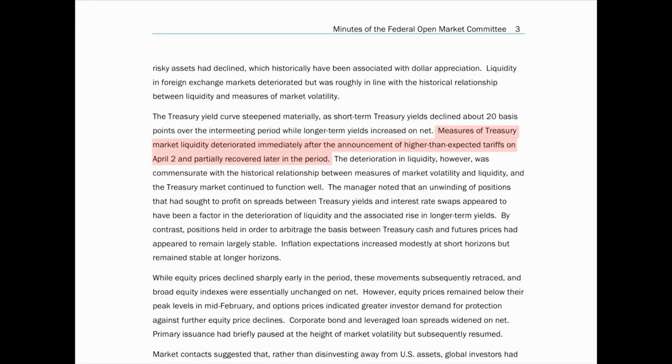So it says here, measures of Treasury market liquidity deteriorated immediately after the announcement of higher than expected tariffs on April 2nd and partially recovered later in the period. You know, sometimes I wonder if they take implicit shots at the president in some of these press releases, because they're talking about Liberation Day. Effectively, we started seeing Treasury market weakness on Liberation Day. That's effectively what he's saying.